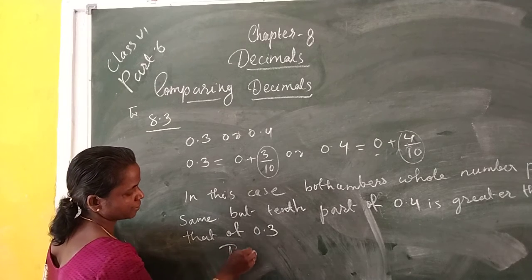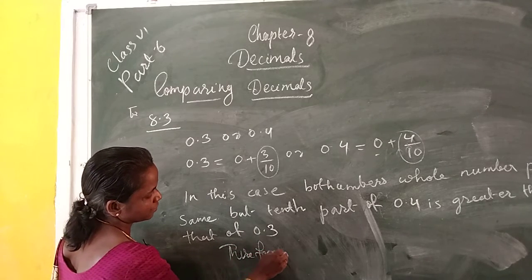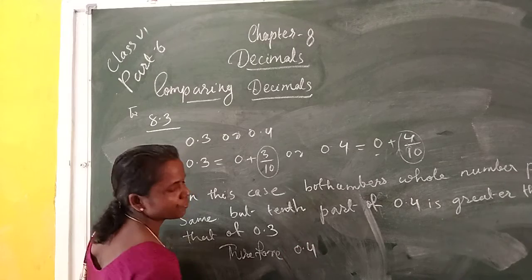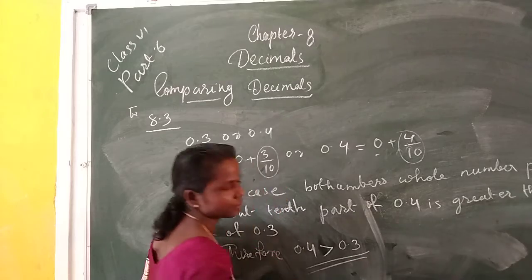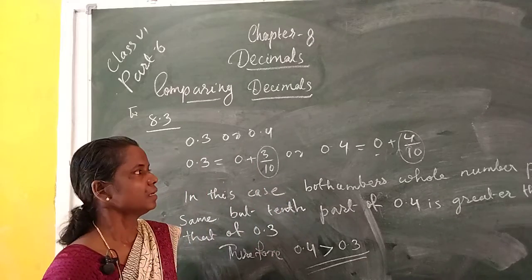Therefore 0.4 is bigger than 0.3. Is it clear how to compare these decimals?